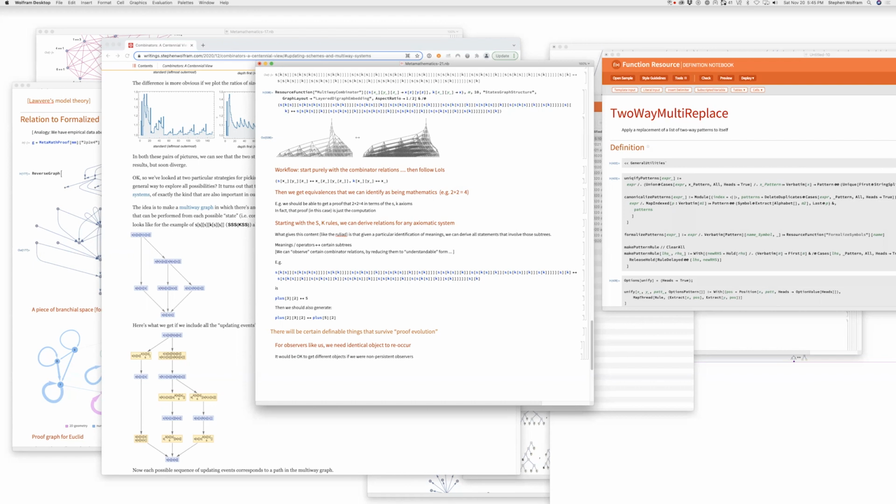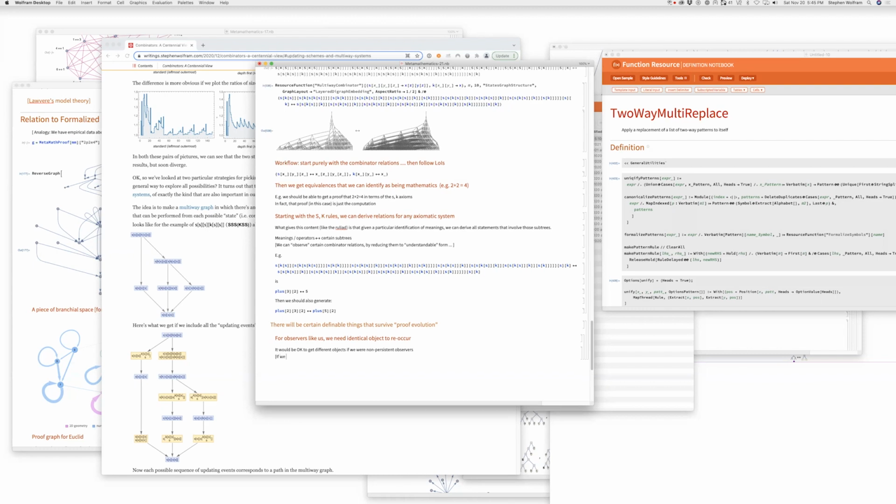Otherwise, we could just say, that's fine, plus is something different later. Well, the point is that if we could tolerate that, we really wouldn't be observers.